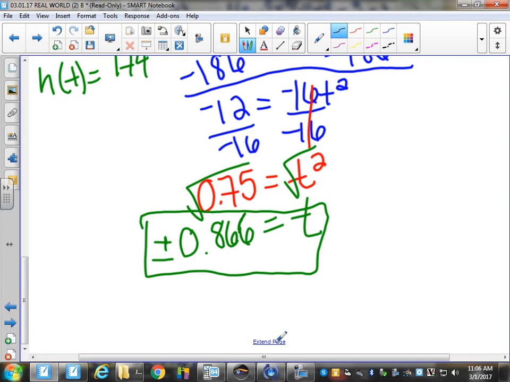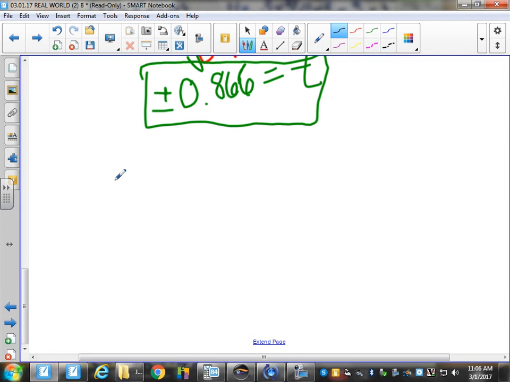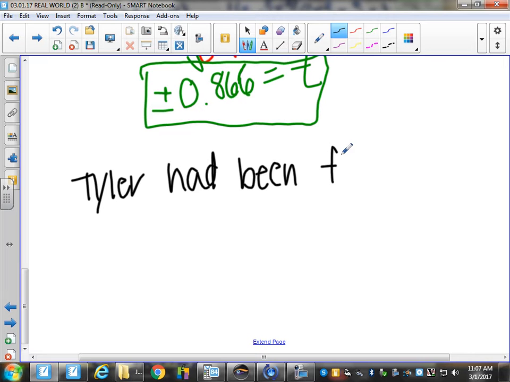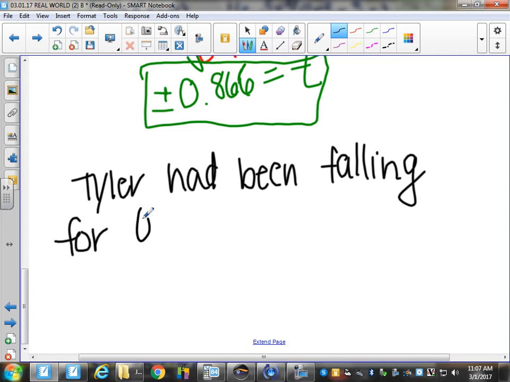So what am I going to write as a sentence? Tyler had been falling for how long? 0.866 seconds. Why is it not a negative 0.866?